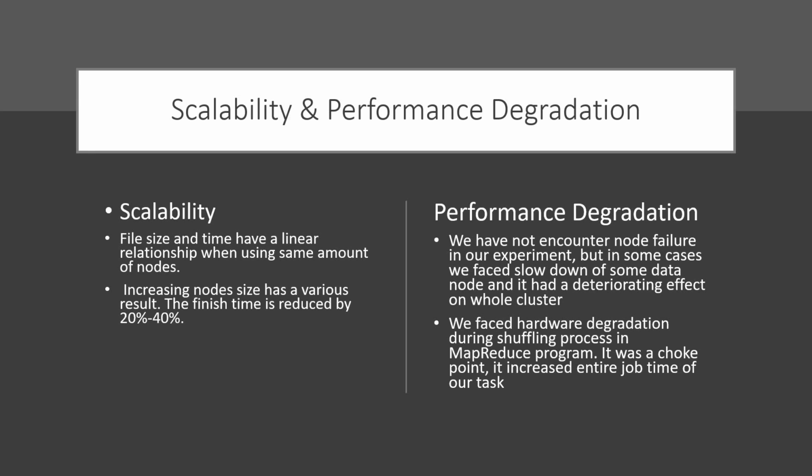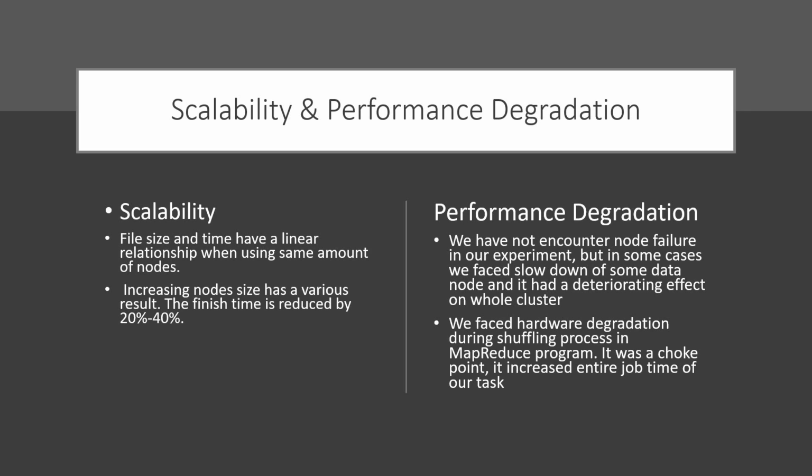Also, it varies with the different cluster sizes. The second one is that increasing node size has a varied result. The finish time or the execution time is reduced by 20 to 40% when we increase the number of nodes. So these are the two different features that we saw while running the program.